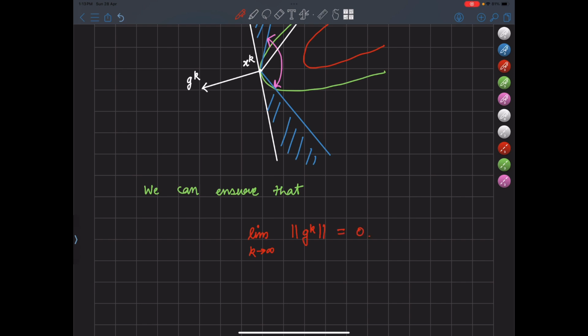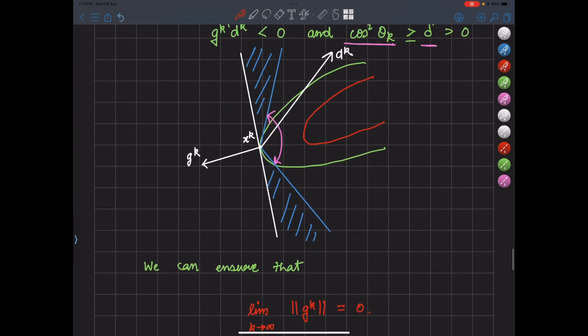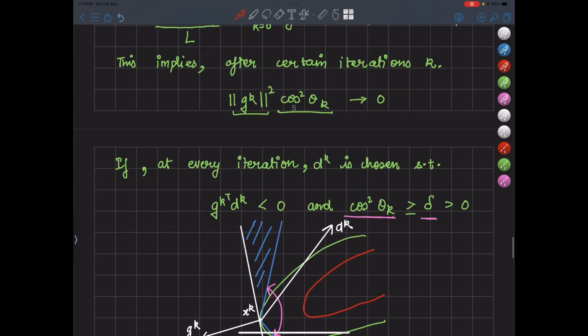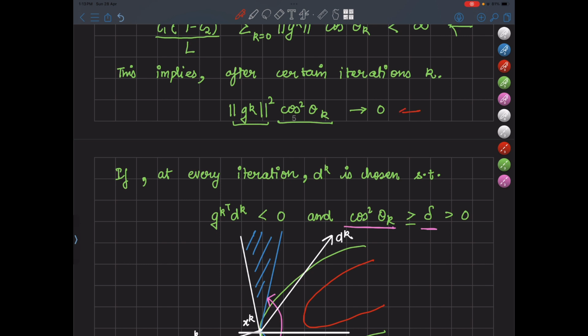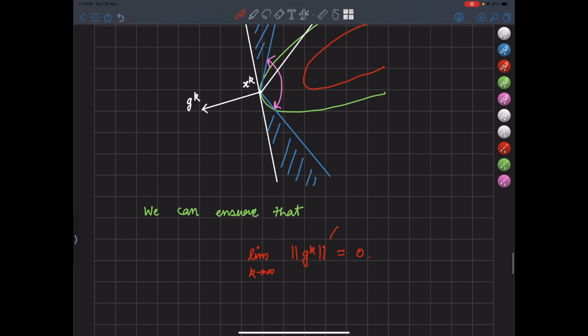So gk has to go to 0, given that cos²θk is never close to 0, it is always finite, and because their product goes to 0, then the gk norm has to go to 0.